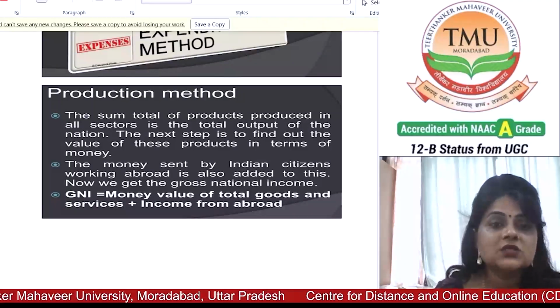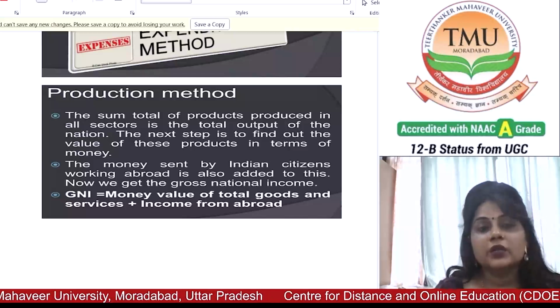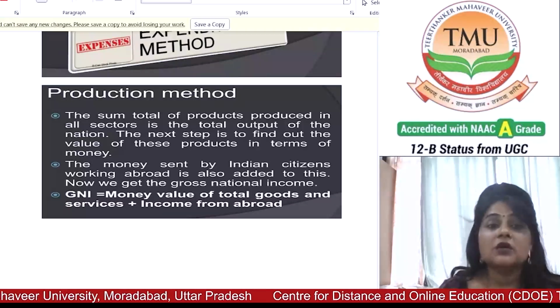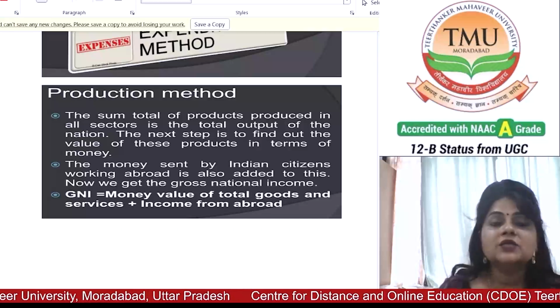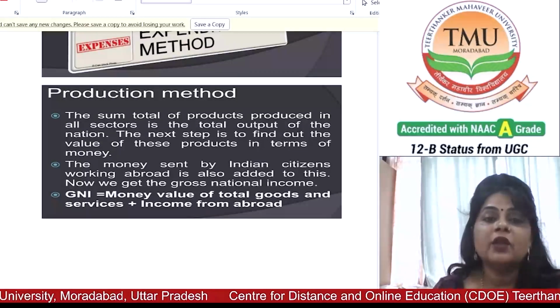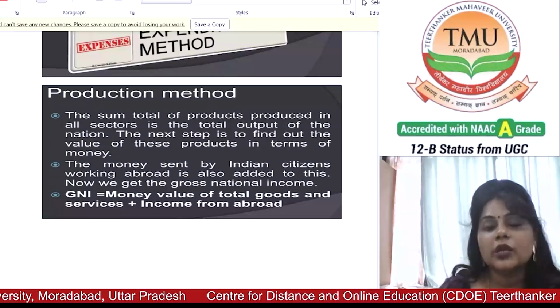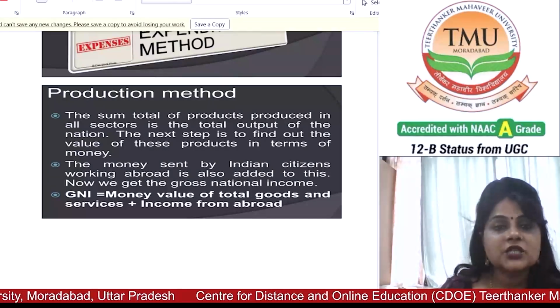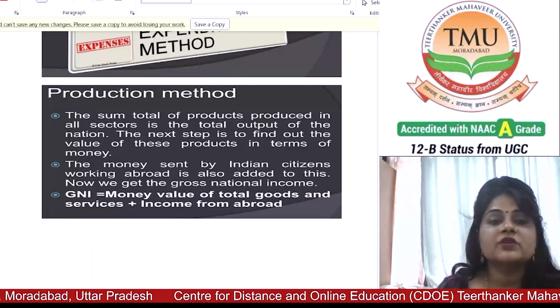Adding the value of these goods will also disturb the current flow of goods and services. However, any brokerage fee or commission paid on any transaction of such products should be included in the calculation of national income, as it is a productive service.